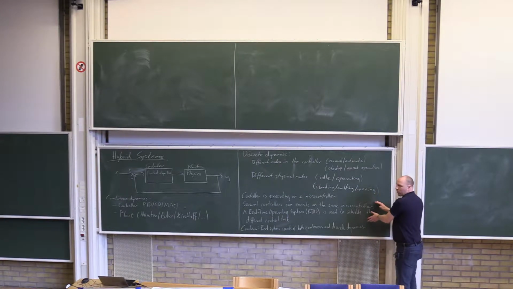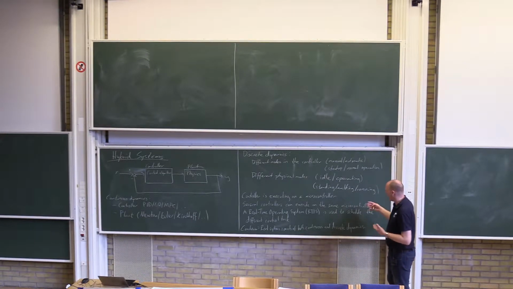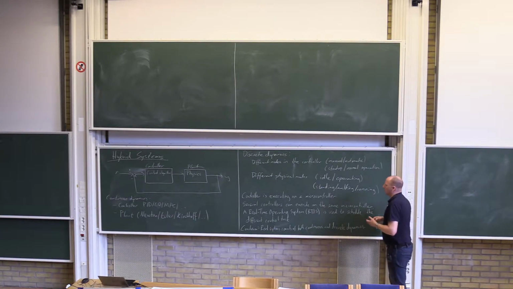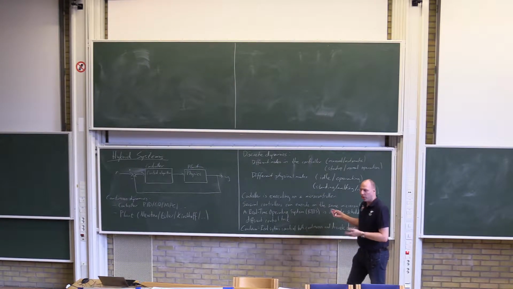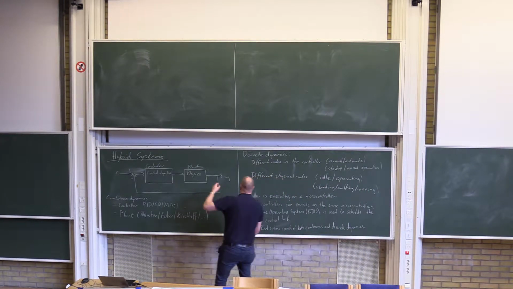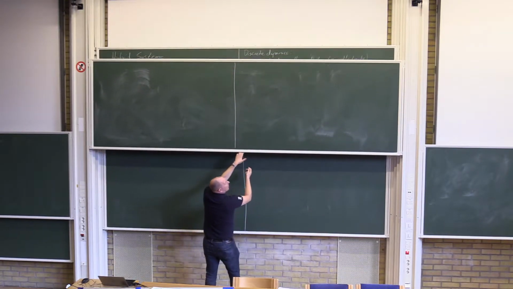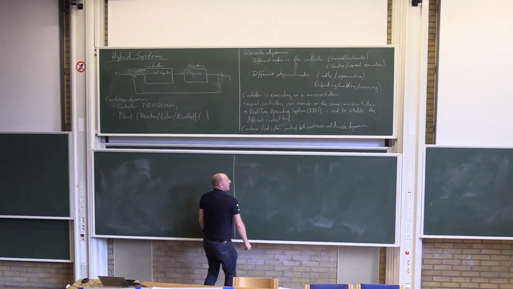So this is something we will talk more about in the course later. We will go through how you can implement controllers on microcontrollers using C, how you can build up a scheduler, how it works, and different problems you need to deal with when you implement control tasks in this way.